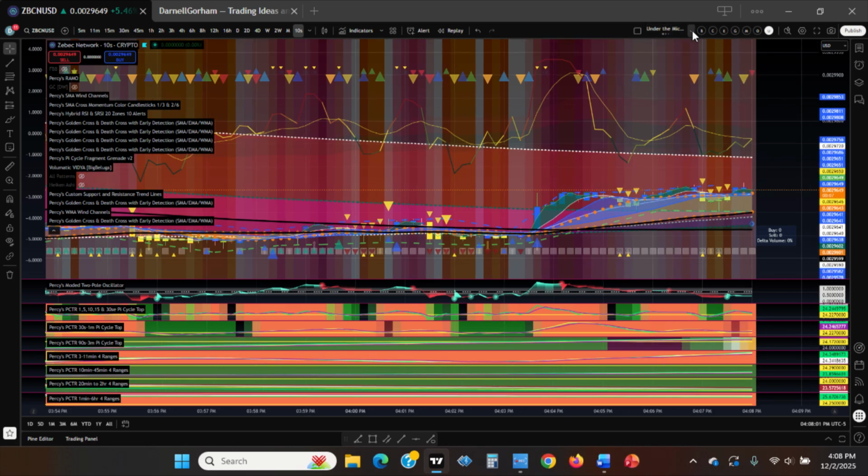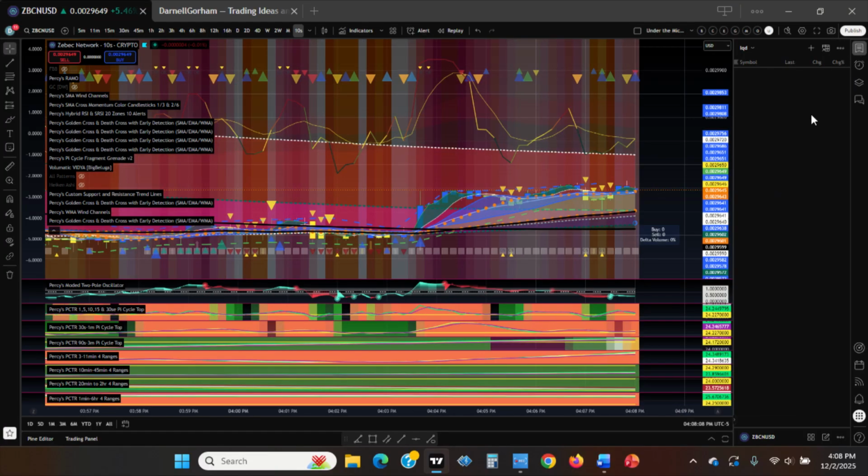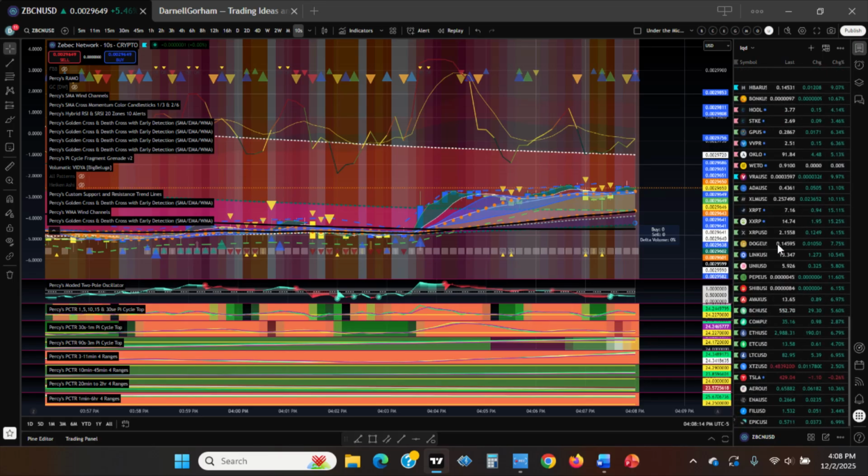We're going to go to the higher time frame and we're going to use Bonk instead. That way we can get our Fibonacci Bollinger Bands showing up. Bonk. Beautiful cryptocurrency.